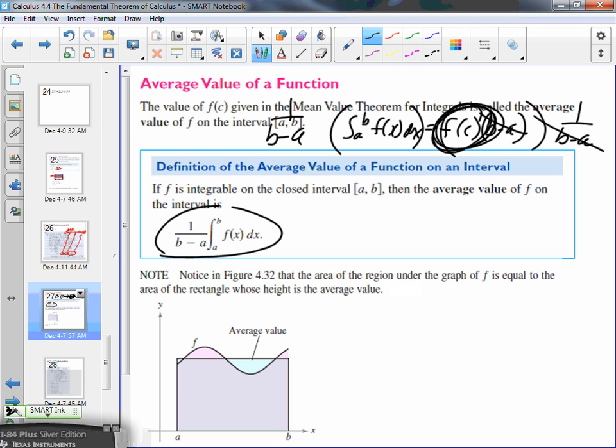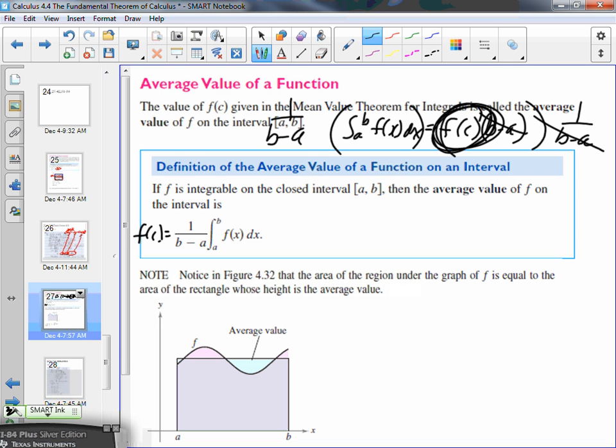It's just rewritten. Now, if I had been in charge, and I'm not, I would have written the definition out like that. So, the rectangle that has the exact same area as the region, the height of that rectangle is called the average value of the function.